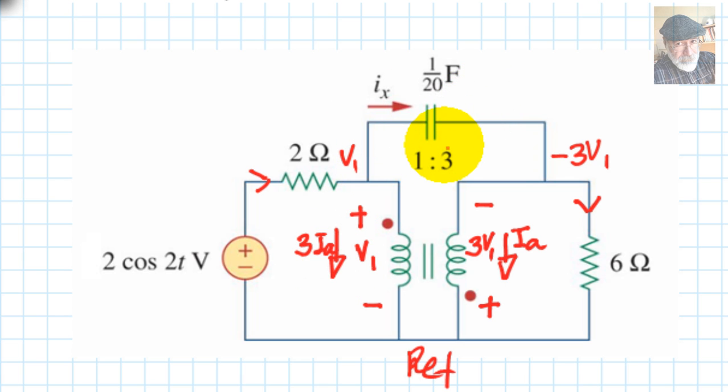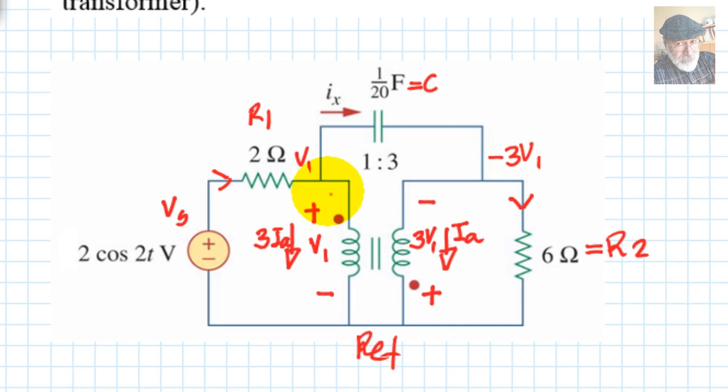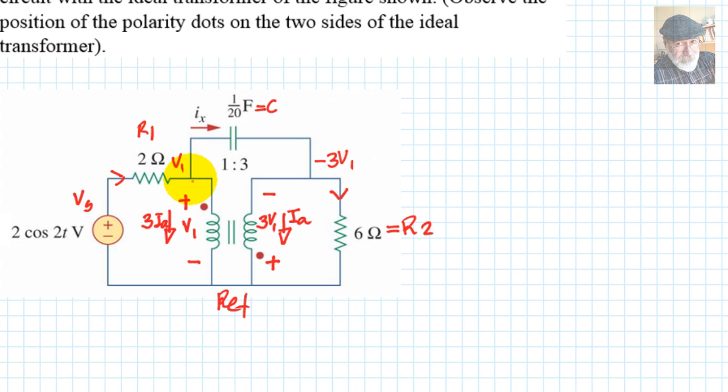Because I prefer to work with letters and symbols, I will call the voltage source Vs, this resistor R1, the capacitor C, and this other resistor R2. So I can write now the KCL equation of this node as Vs minus V1 over R1, over this resistor.